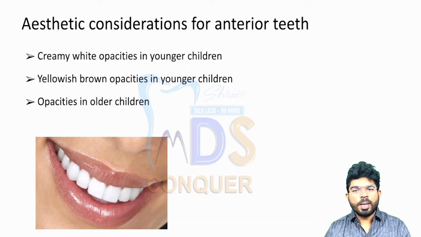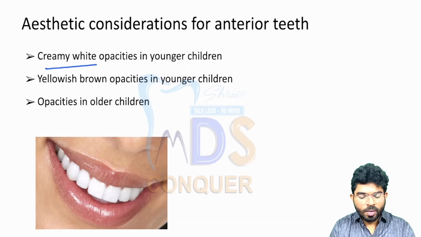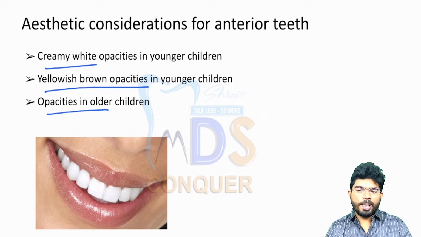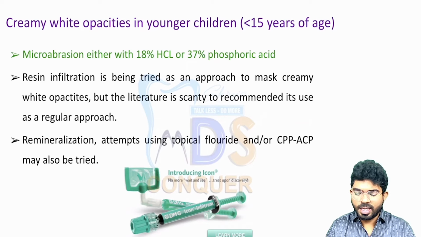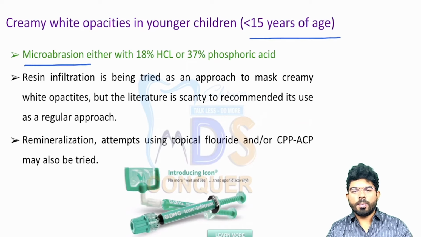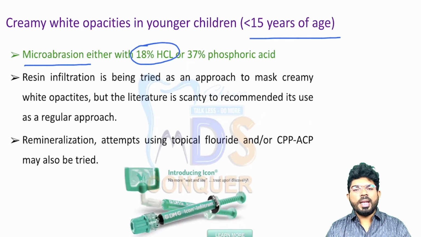And of course, I'm talking about the aesthetic considerations for the anterior teeth: creamy white, yellow brown color, or opacities. So these are the three aspects which can be seen as clinical features in MIH, and three different treatment plans. The first one is creamy white opacities in a kid less than 15 years. You can do microabrasion, preferably using 18% HCl.